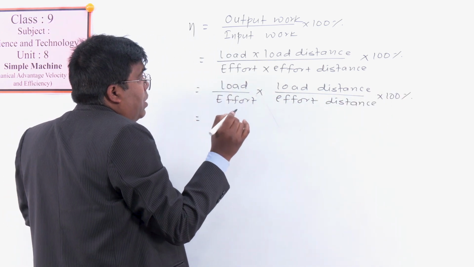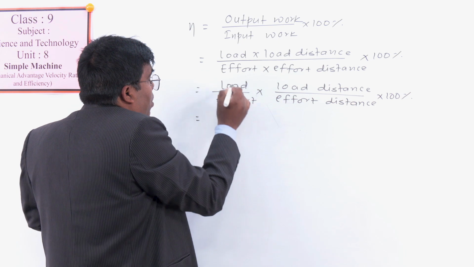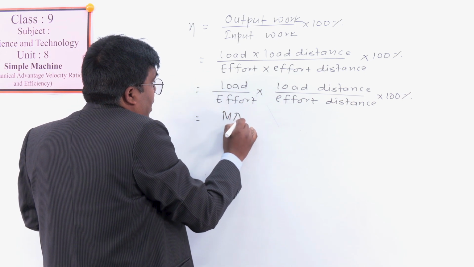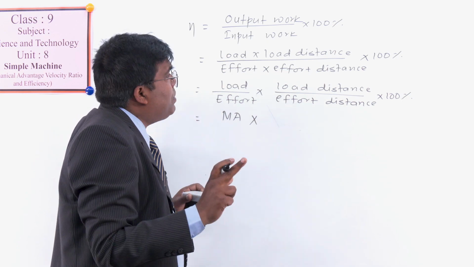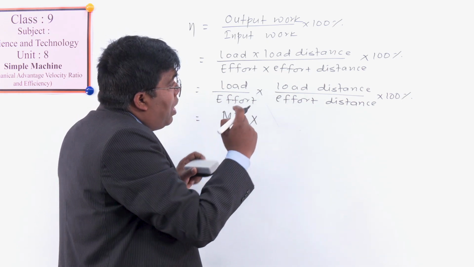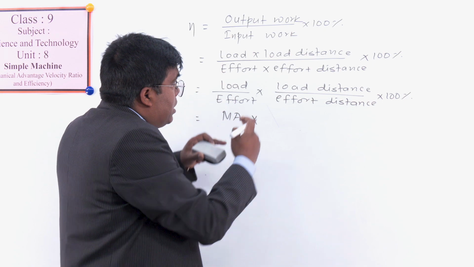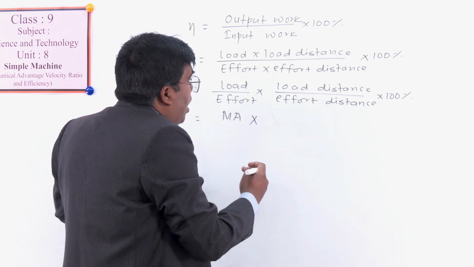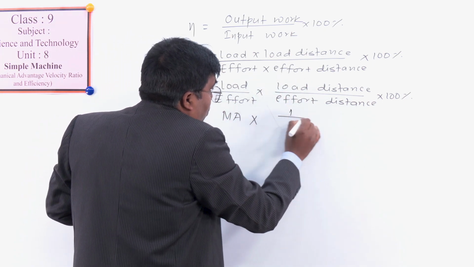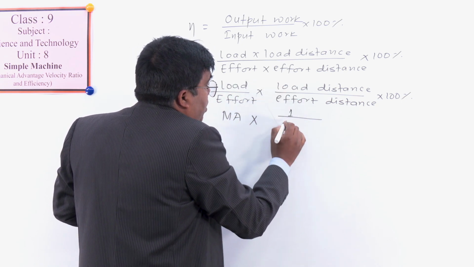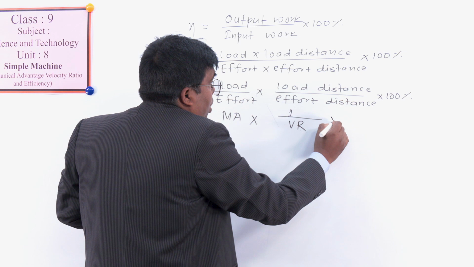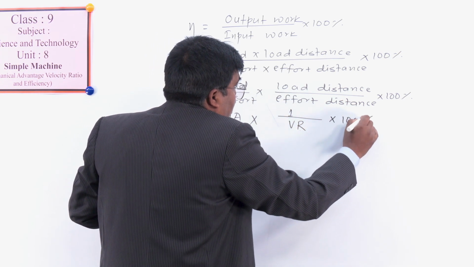Load by effort, we have learned this one, that is MA, mechanical advantage. And load distance by effort distance, we don't have such a formula, but we have the formula of effort distance by load distance, meaning the reciprocal of this. That's why we can write the reciprocal here: effort distance by load distance, that is VR, into 100%.